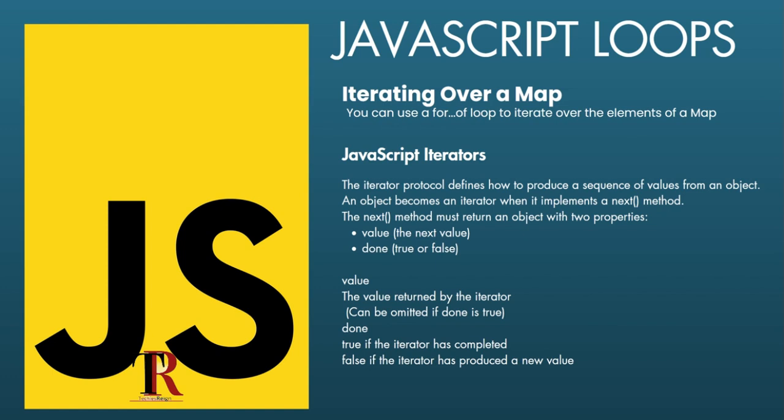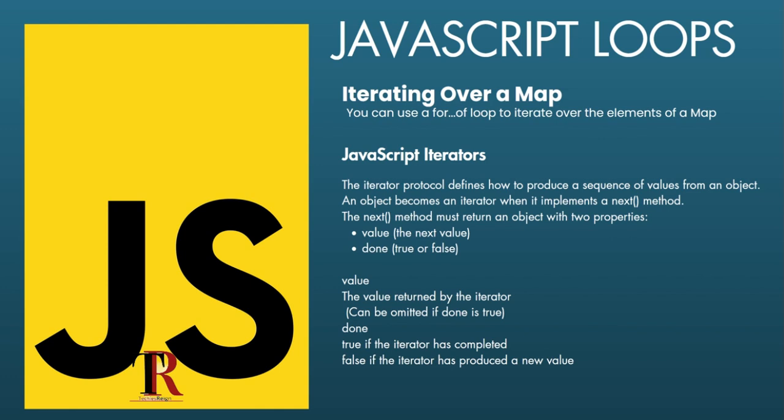So done simply means that if the iterator has completed the process, that will turn to true. But if the iterator has produced a new value, then that will be false. So these two things, value and done, are very important to be available as the properties of an object that is expected to be returned. And these are the protocols that define how a sequence is produced from an object.